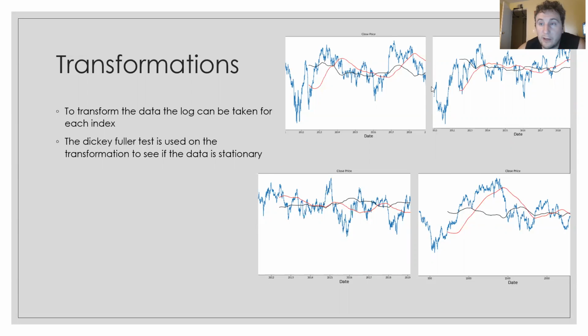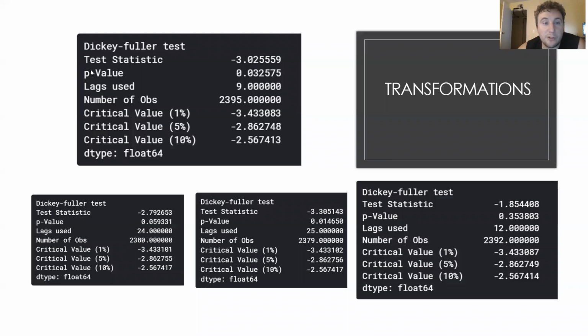Taking a look at each of the other data sets, though, they do look like they qualify or meet the stationary standards. And to double check this, we can use the Dickey-Fuller test on the transformations as well, which is what I did in the next section here. So just taking a quick look at each one of these, they all do meet the standards for stationary data.